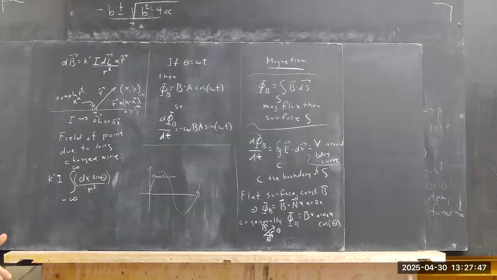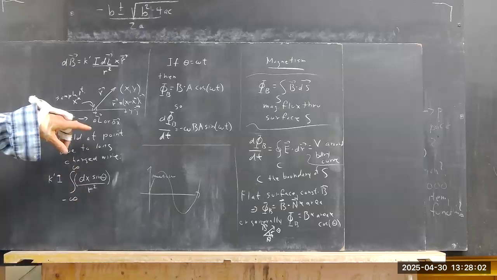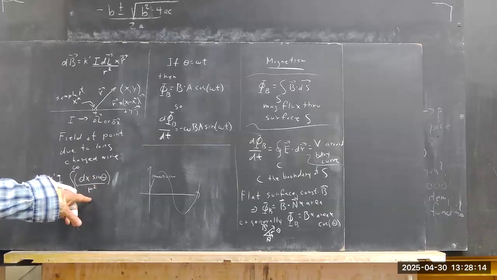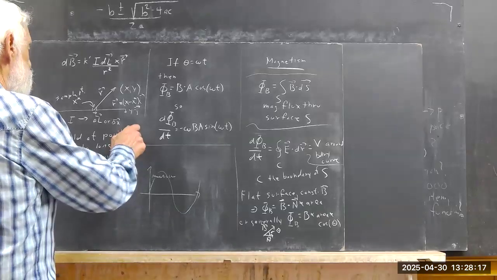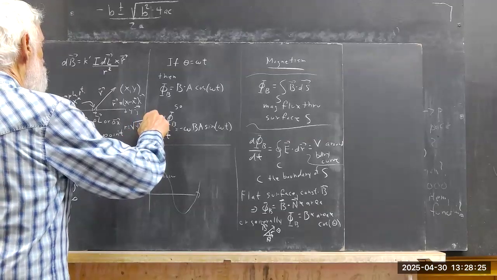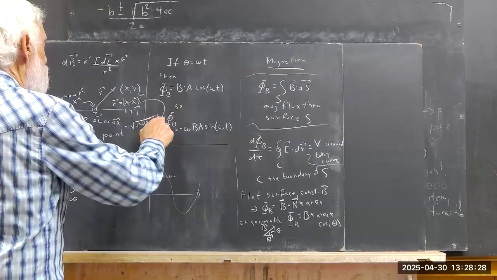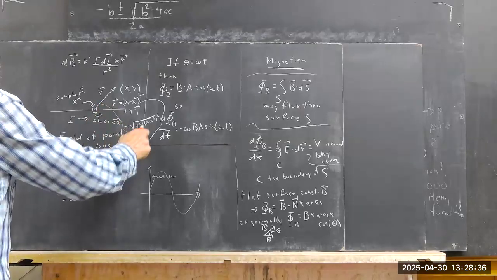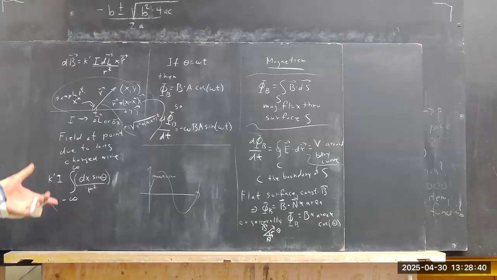You're going to have a vector in the K direction, which has to be perpendicular both to delta L and R. That'll take care of your dx sine theta and your R squared, R being just the magnitude of this vector.